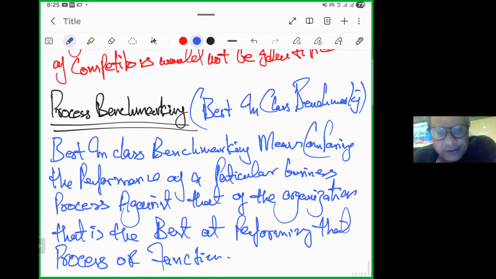So this best in class may operate in an entirely different industry or sector as well. Benchmarking in the public sector will be discussed later on, right? So I hope you get it till here.